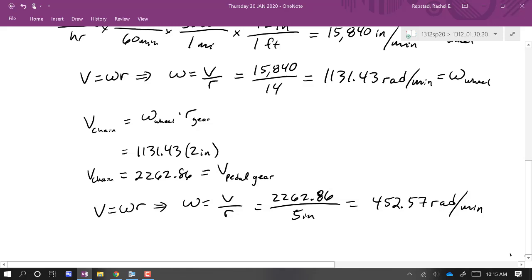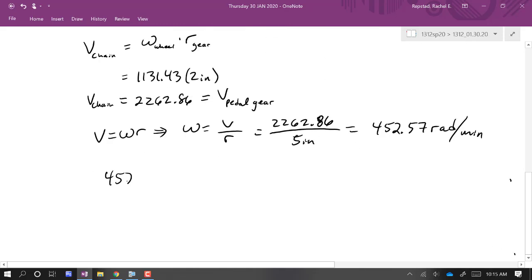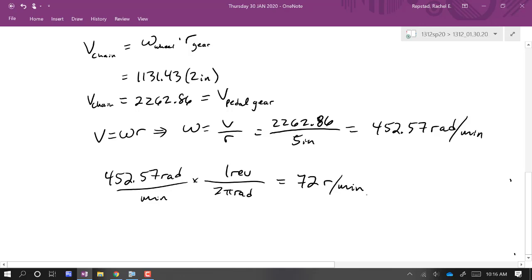So then we just have to convert that to revolutions. .03, so I'll just call that 72. How's that? Kind of fun. Tracing values through the diagram.